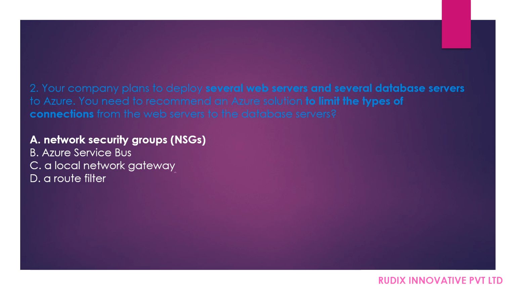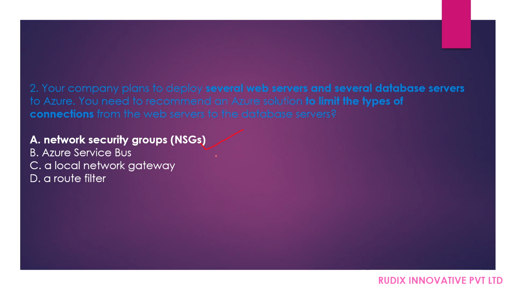Coming to the correct answer, network security groups is the correct answer. Why? In Azure we can control the traffic flow between resources in a virtual network. By applying network security groups to the network interfaces of both web servers and database servers, you can limit the types of connections allowed between them.